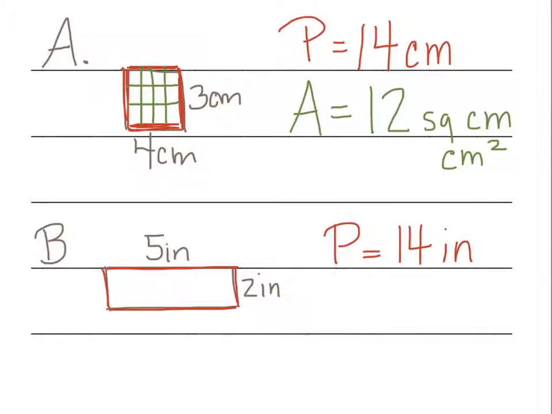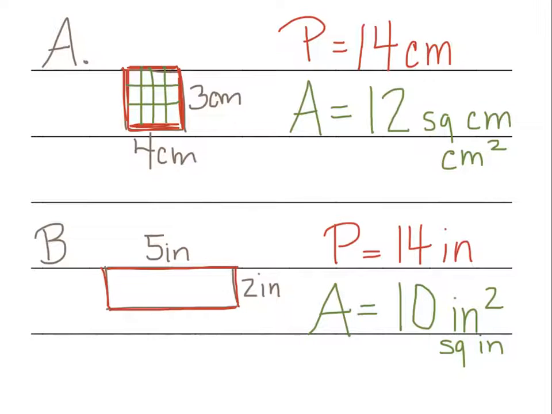Go ahead now and figure the area of that shape. Remember, area equals, right away in your head you should have said length times width. So you would have 10 inches squared or square inches.